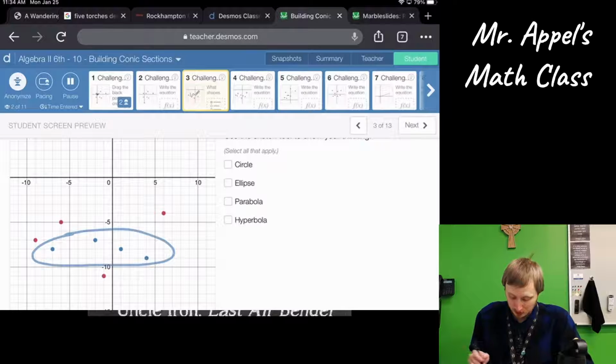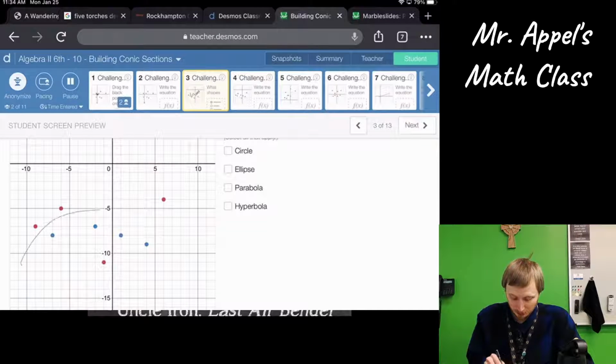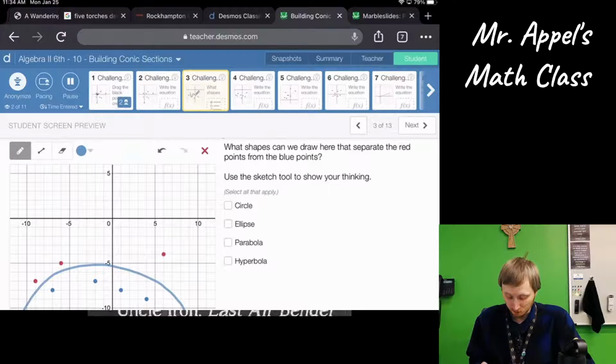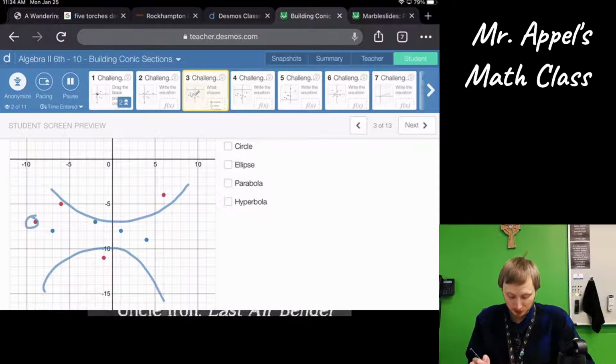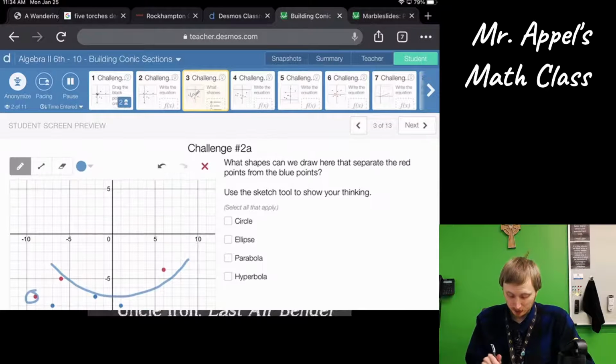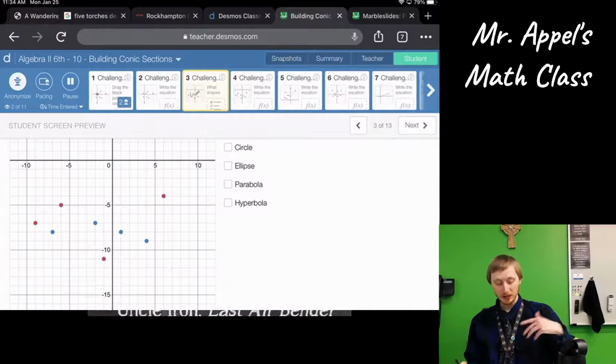Can we do it with an ellipse? Can we do it with a single parabola? Or a hyperbola, which would do one of these things. And no, that guy over there is too low. I don't think I could get a hyperbola to work. So what will work here? So you do get a little bit of a sketching tool.